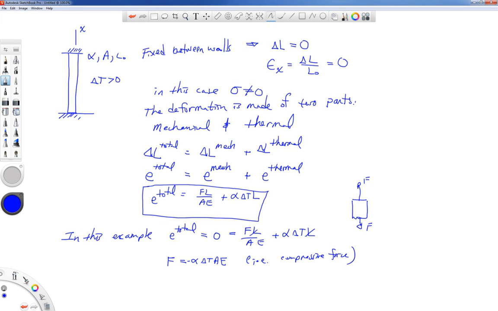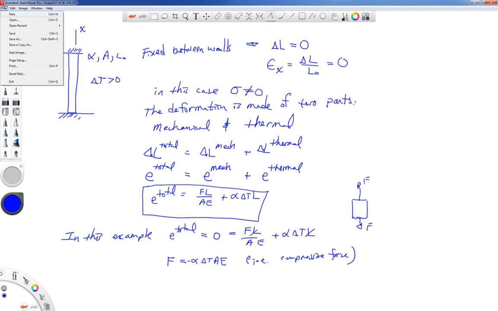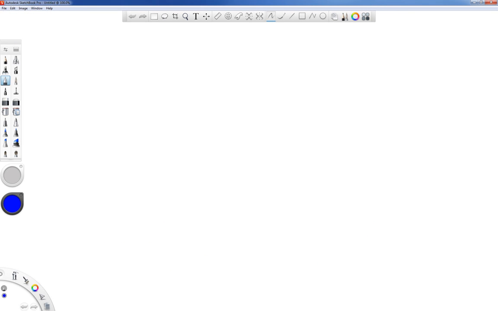All right, let's talk about misfits next. And then we'll work a problem that has misfits and thermal deformation in it. Now, what I mean by a misfit is, suppose we have a couple of bars here attached in series to one another, and we have a force here.